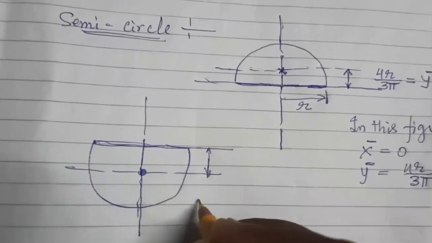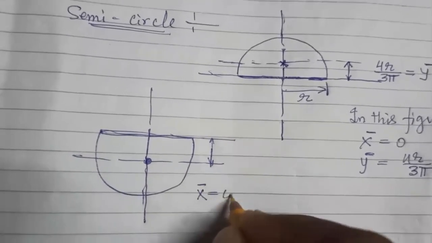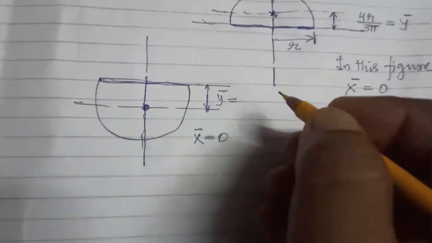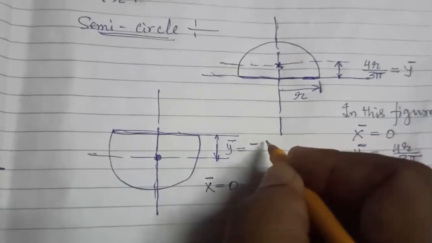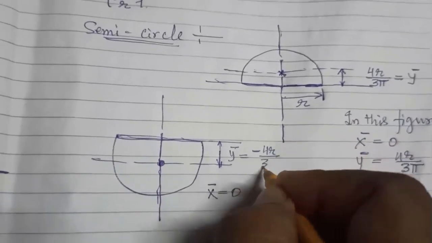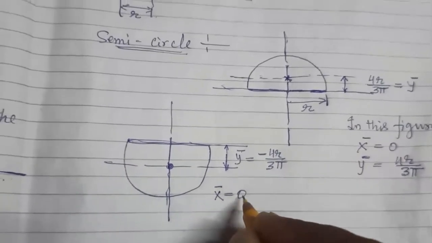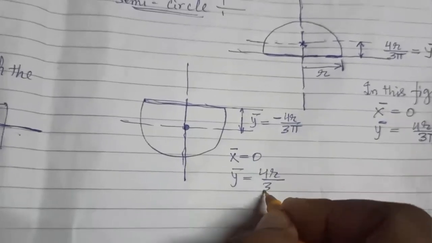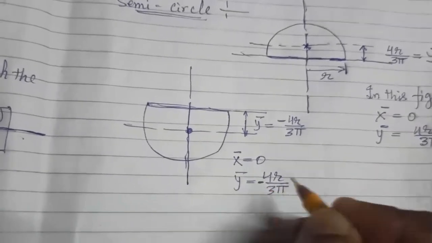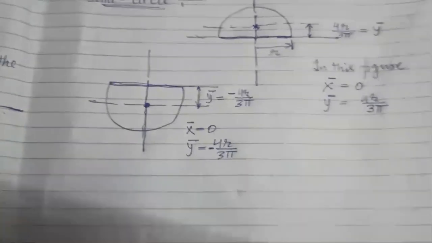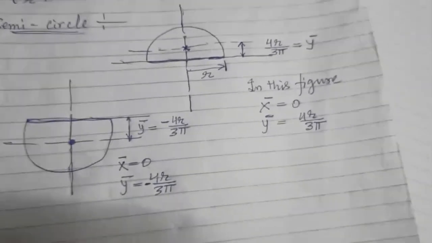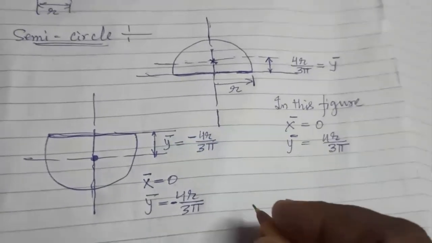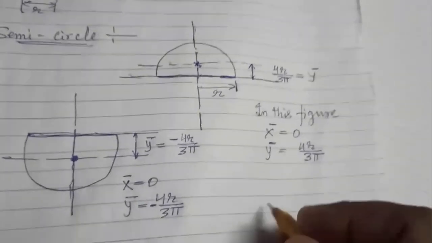So in this case, x bar is 0 and y bar is minus 4r by 3 pi. In this case, y bar is 4r by 3 pi, but with a minus sign, because it is taken below the reference line, on the negative side of the reference line.